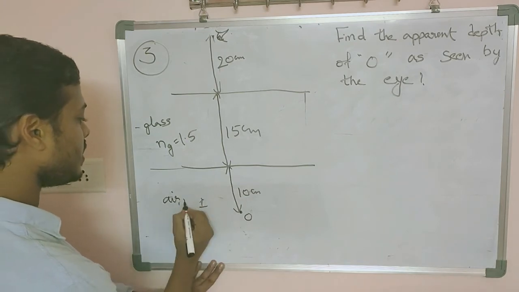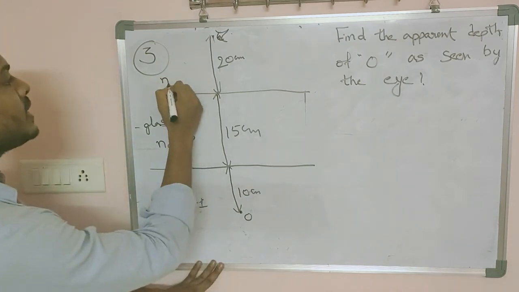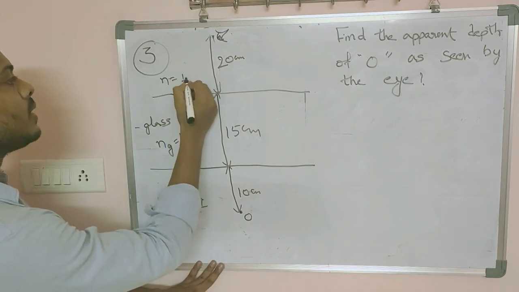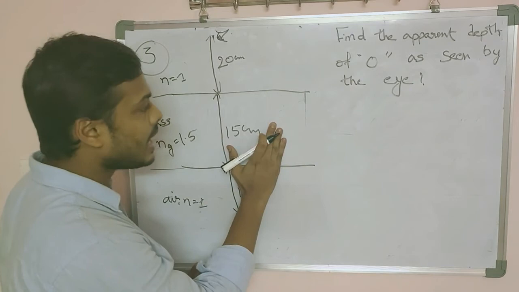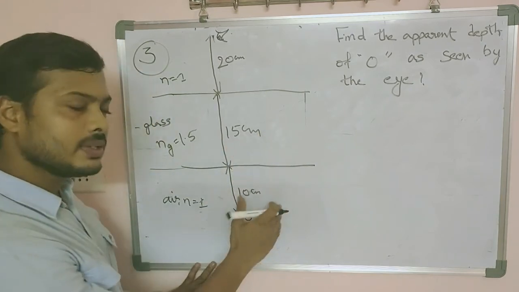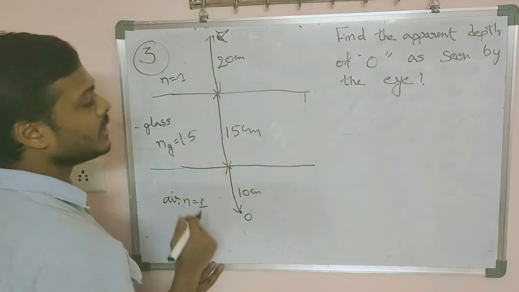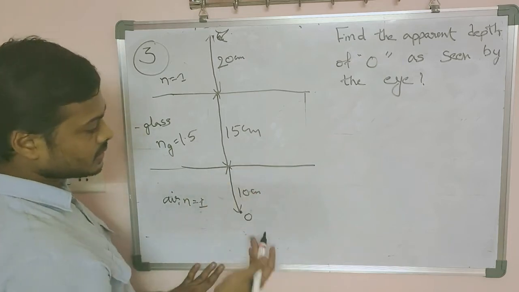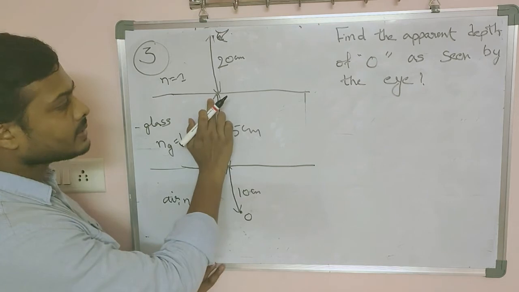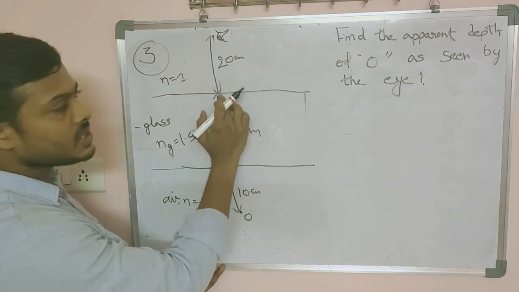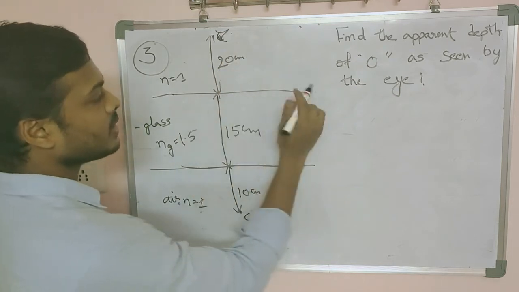Refractive index of air is 1. So refractive index of air, this is also 1. So here you have one medium, that is air, here you have one medium, that is glass, and here you have another medium, that is again air. So there are three mediums, and there are two refractions. Here the light ray refracts and it travels in this glass slab, and because the medium is changing, again it refracts here.